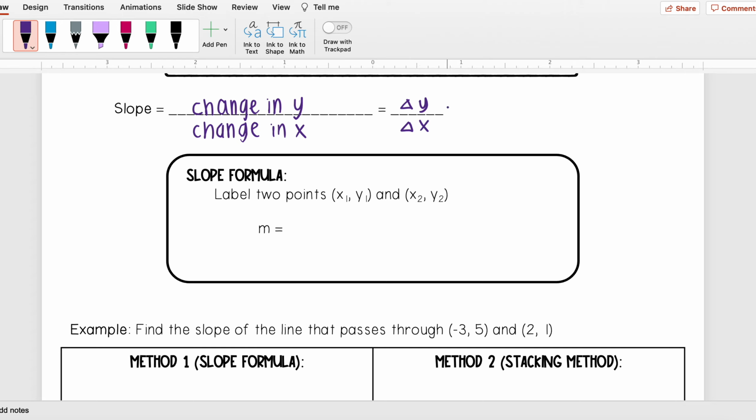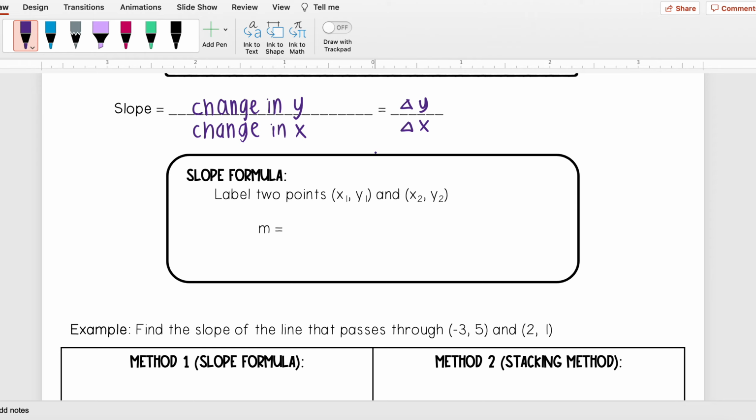So if you're looking at a graph, does the point go up or down to get to the next point? And then change in x, so how much does it go to the left or to the right? Because remember, the y-axis is that vertical one and the x-axis is that horizontal one.